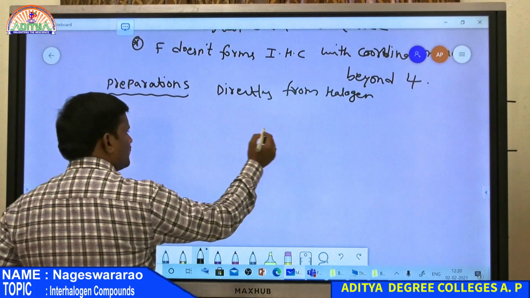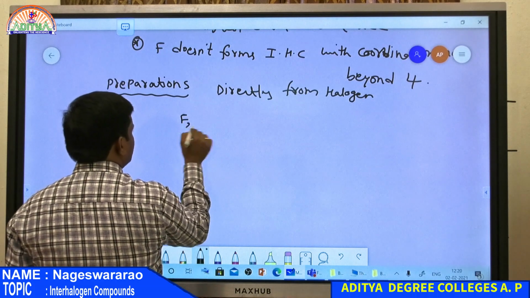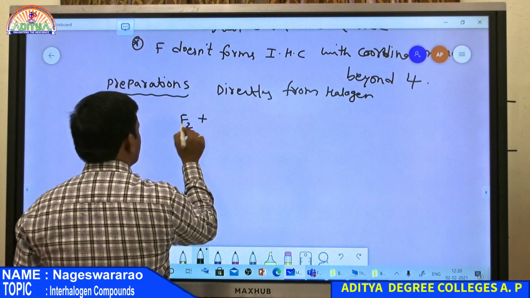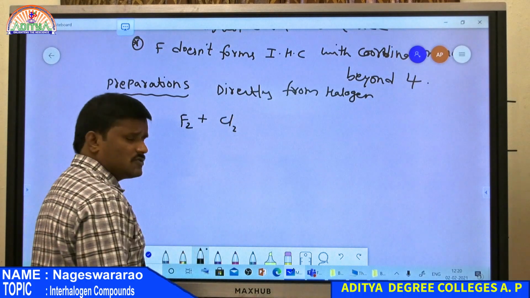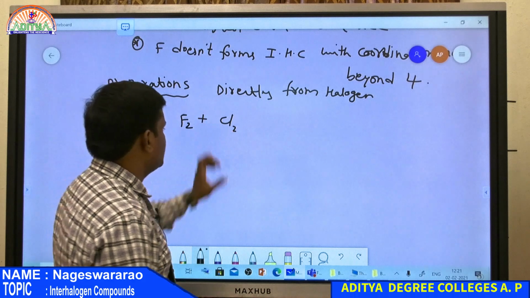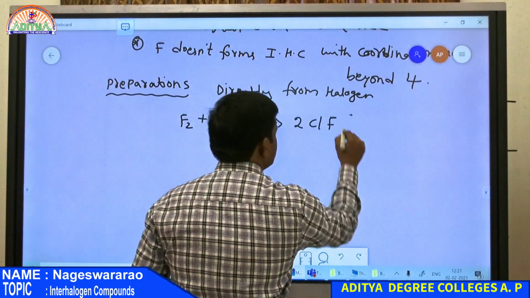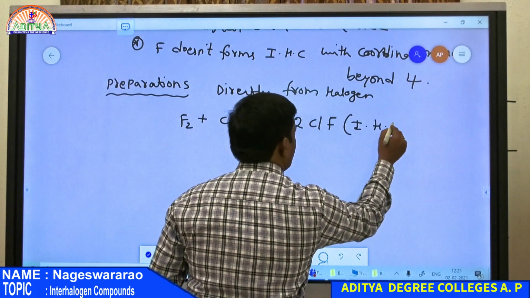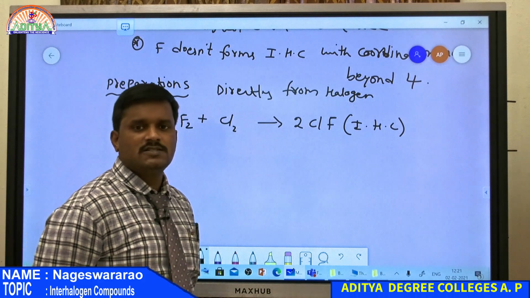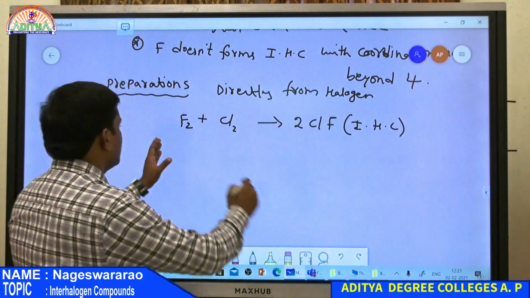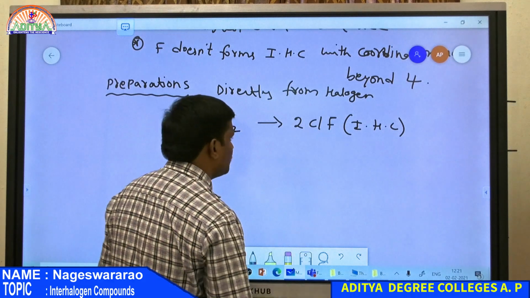For example, F2 plus Cl2 gives 2ClF. This is an interhalogen compound prepared directly by mixing fluorine gas with Cl2 gas.